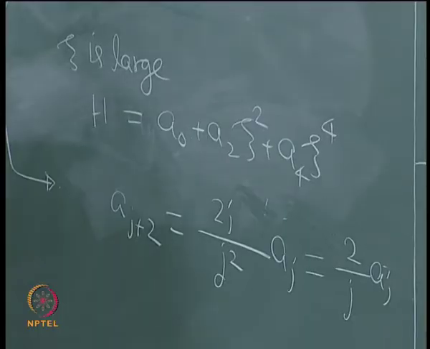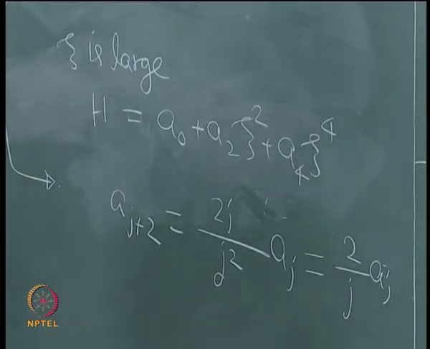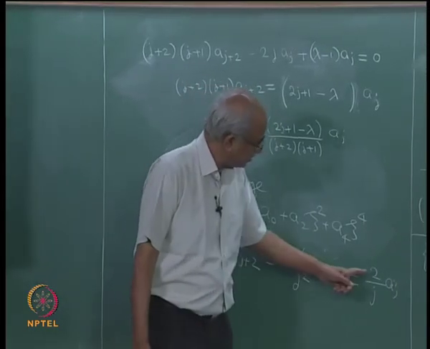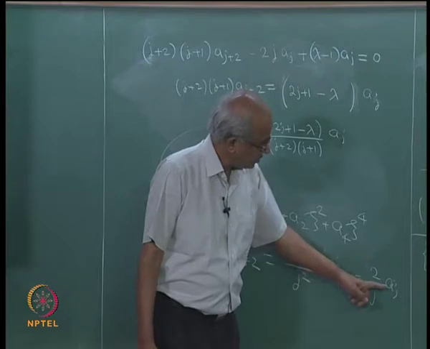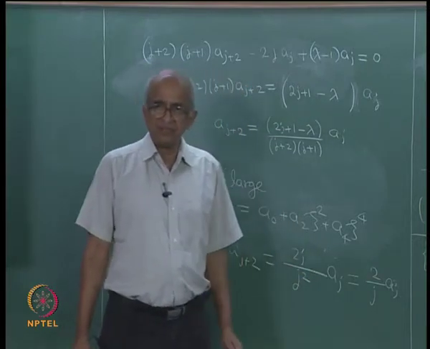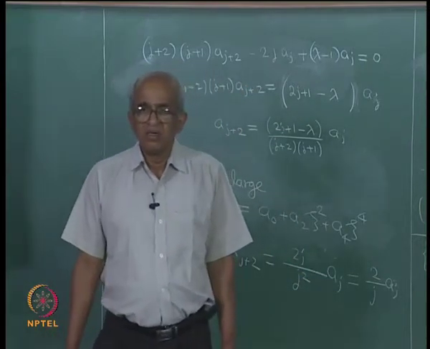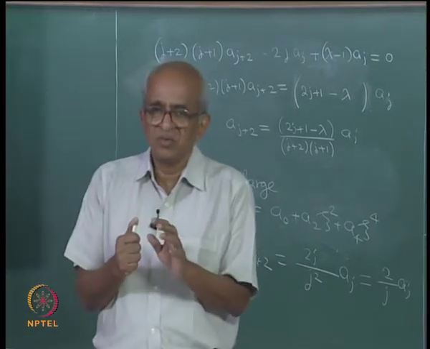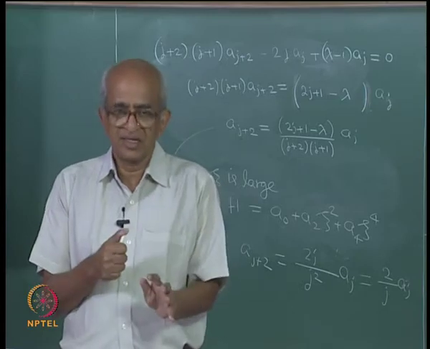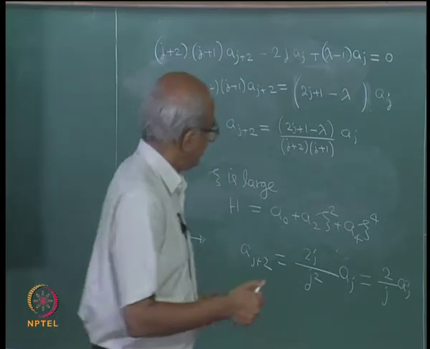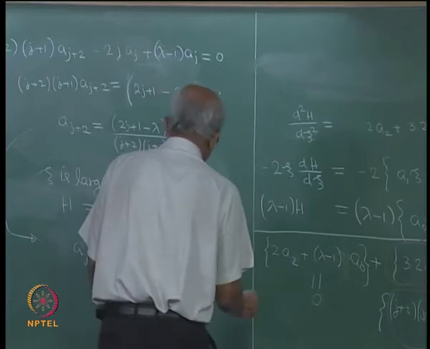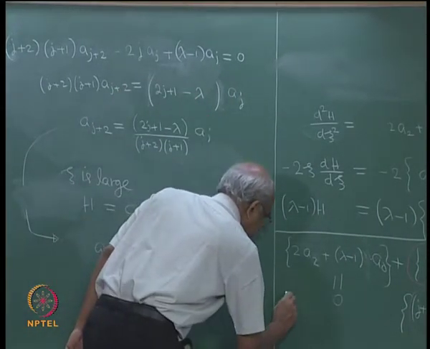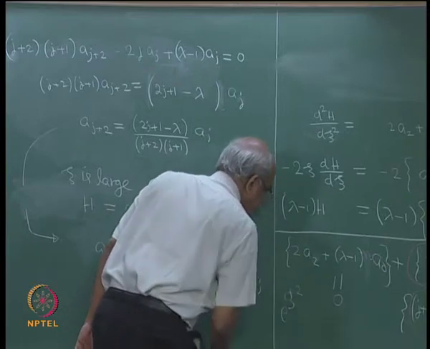So, for large values of J, this recursion relationship actually becomes simple. It simply says that AJ plus 2 must be equal to 2 divided by J into AJ. Now, what I am going to say is that if a series obeys that kind of recursion relationship, then the function actually will behave like e to the power of plus C square.